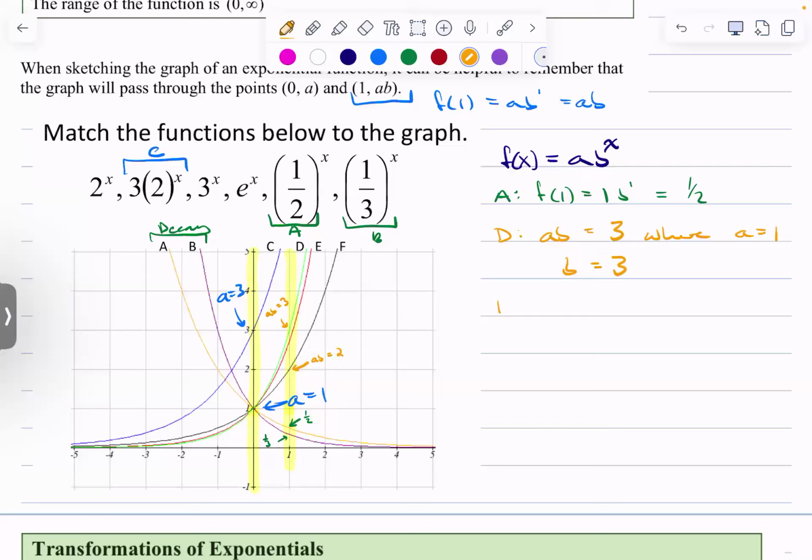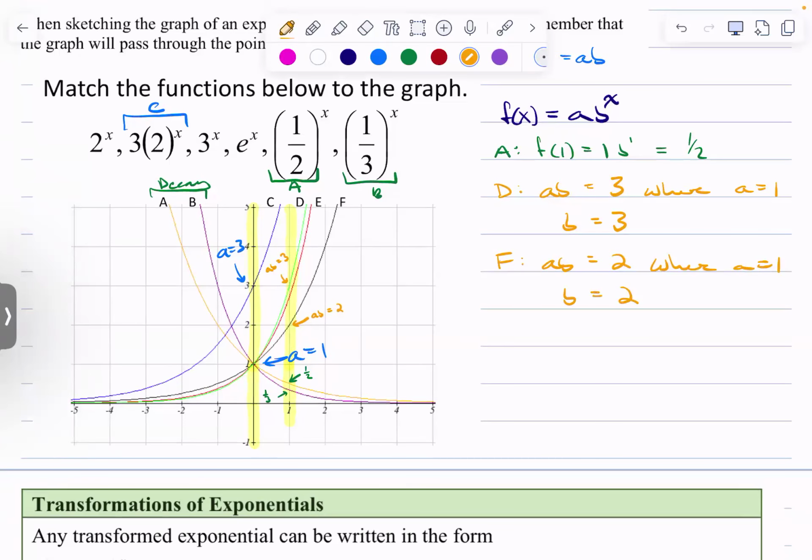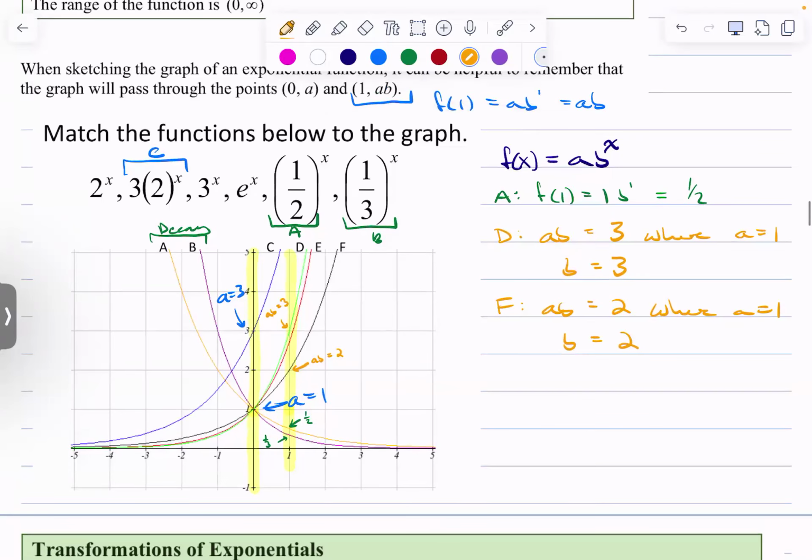And the graph for F, let's tackle that. ab is 2, where a is 1 again, so b must be 2. So that means that this must be the graph for F, and this is the graph for D, leaving me with E, appropriately for e to the x.